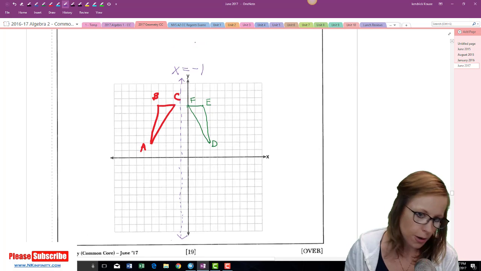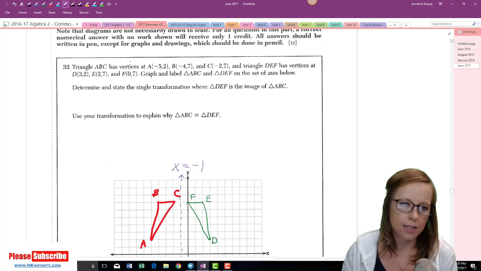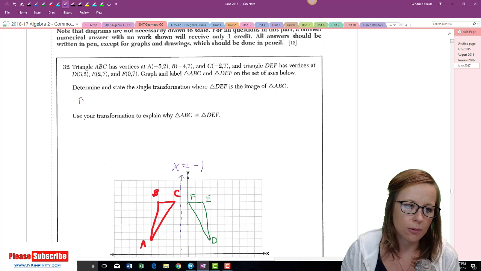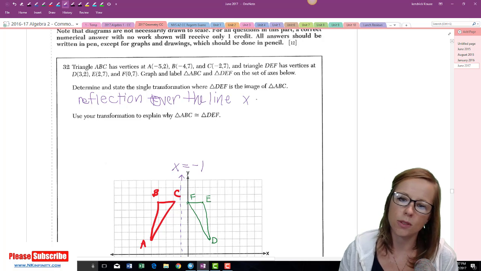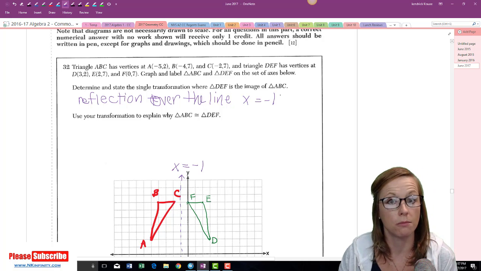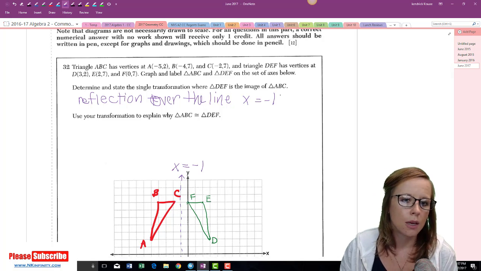So up here where it says determine and state the single transformation, it's a reflection through or over the line x equals -1. If you wrote y equals -1, you lost a point. If you wrote y-axis, you got a bigger issue.